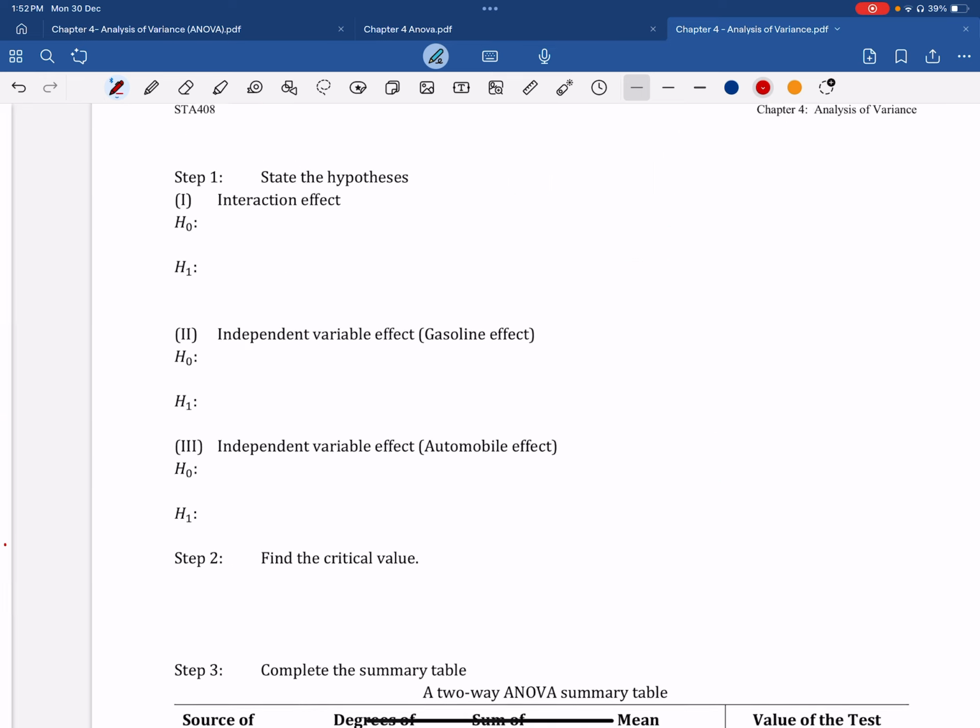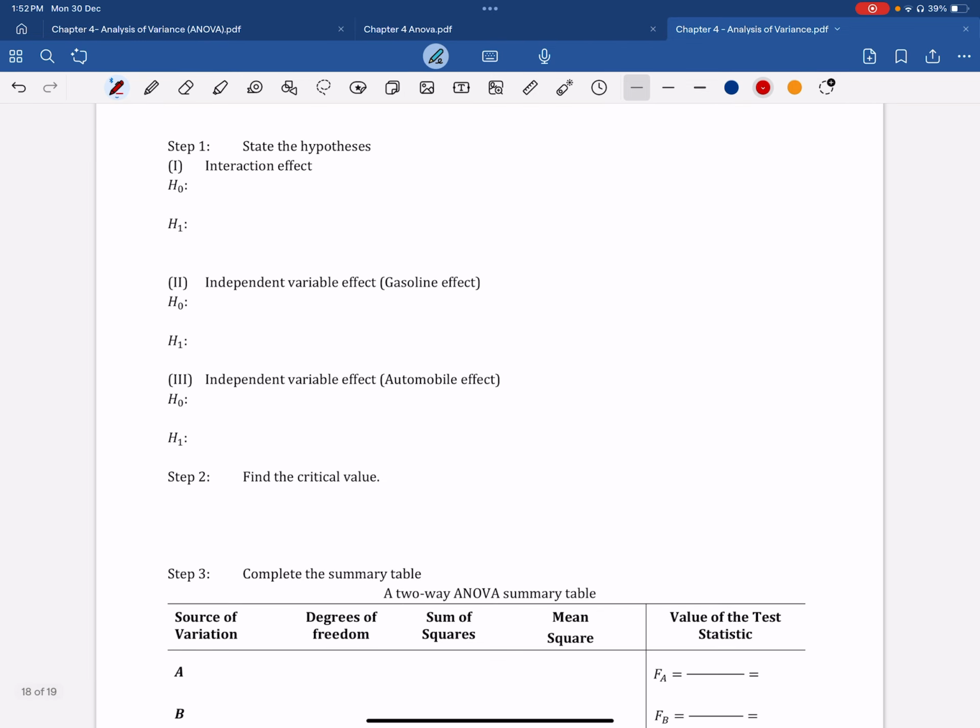Now let's take the hypothesis. We will follow the examples from the previous notes. How do you write the hypothesis testing for interaction for independent variables?